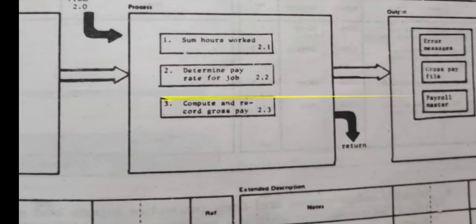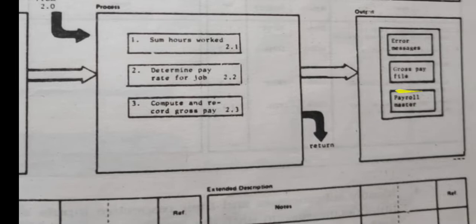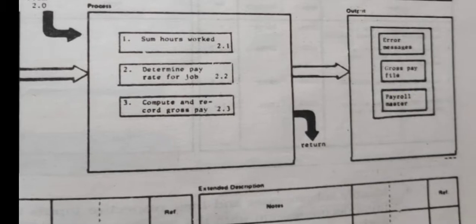After that, the output might be an error message, or it might get recorded to the gross pay file or the payroll master.